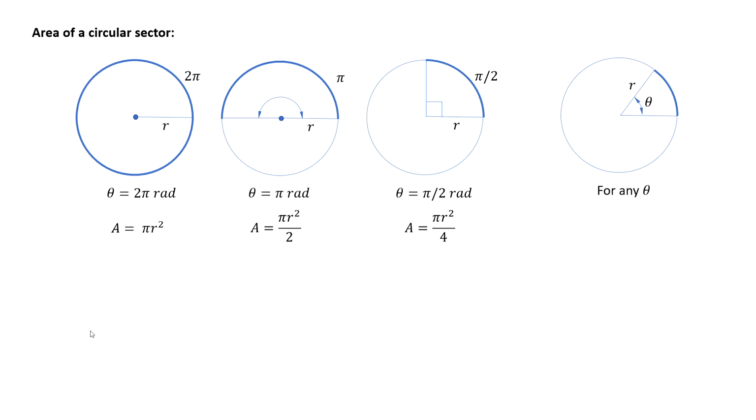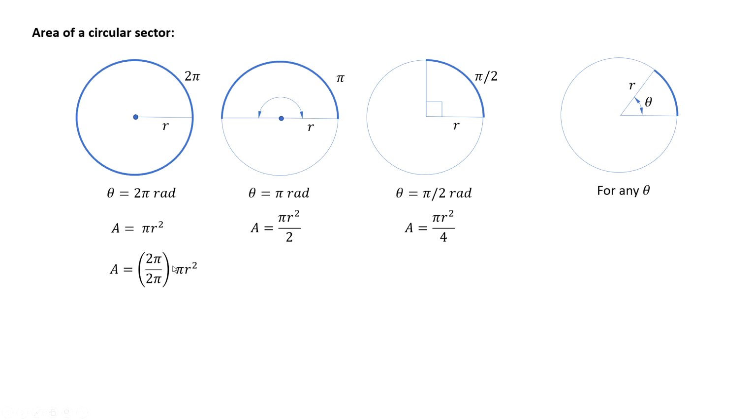If you want to pause the video and say, wait a minute, you got a full circle, then for a half a circle you got this to be the area, and for a quarter of a circle that to be the area, let me see if you can come up with it for an arbitrary angle theta. You are really smart. Cool. Let me see if I can help you in the process.